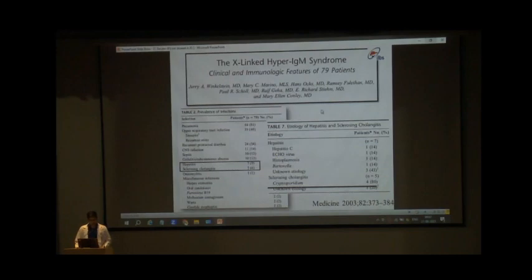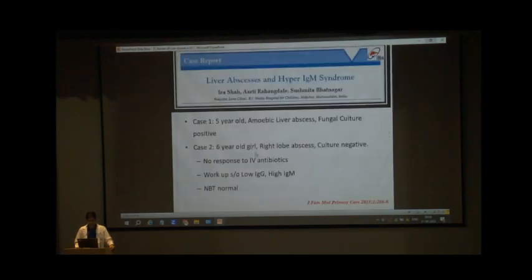This study of 79 patients with hyper IgM syndrome showed that around 15% of the patients had some sort of liver involvement in the form of hepatitis or sclerosing cholangitis. And in the patients with sclerosing cholangitis, around 80% had evidence of recurrent Cryptosporidium parvum infection.